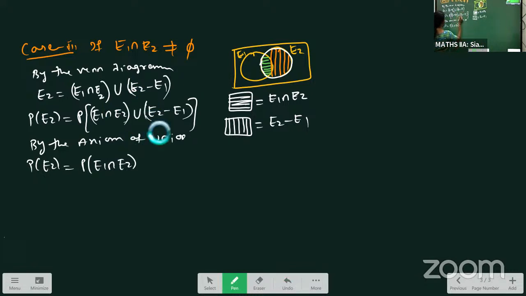Here you can write a union symbol instead of plus. In the problem, we have to use the union symbol. So if you remove this union, it will be plus P of E2 minus E1. Take it as equation 1. Keep it aside.